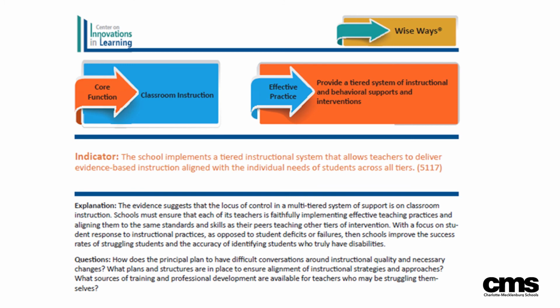The following information is located in WiseWays and has been provided as a link in your January checklist. View this document as a team and prepare to work with a partner or with your team to complete a WiseWays activity on the next slide.